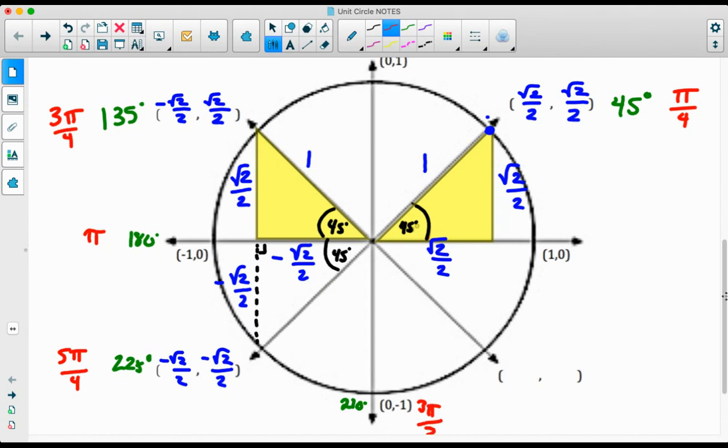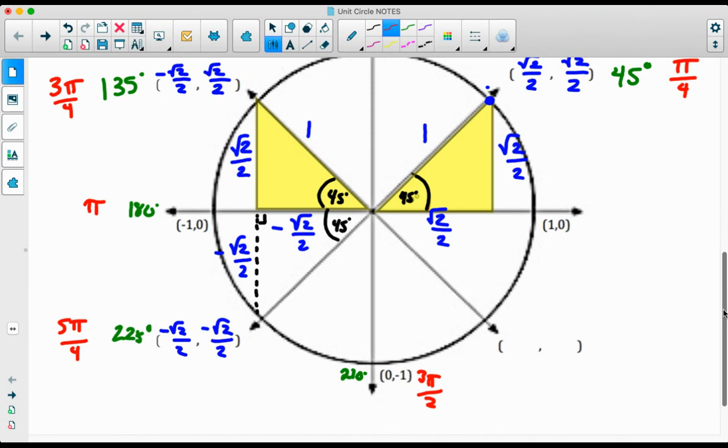Our final 45-degree reference angle here in quadrant 4 is now 45 degrees as a reference angle. We can draw in the triangle if it helps you, and see that this vertical piece is still root 2 over 2, but since it's quadrant 4, it's gone in the negative direction.